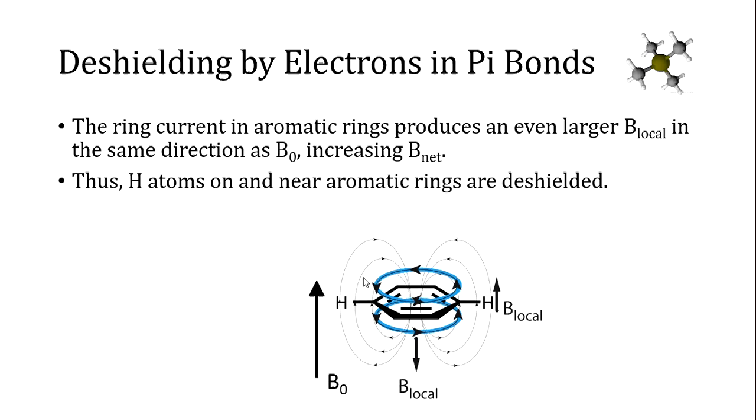This particular aromaticity phenomenon will come back in the second semester of organic chemistry. But for right now, these moving electrons generate a current that generates an even more powerful magnetic field than other pi electrons, and increases the magnetic field felt by hydrogen atoms attached to aromatic rings to an even larger degree.